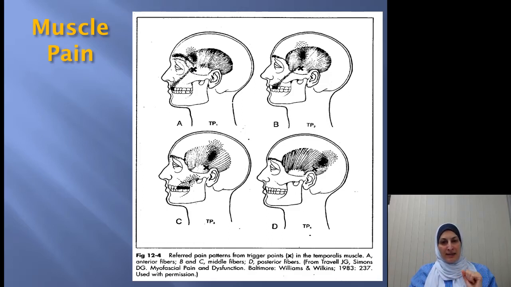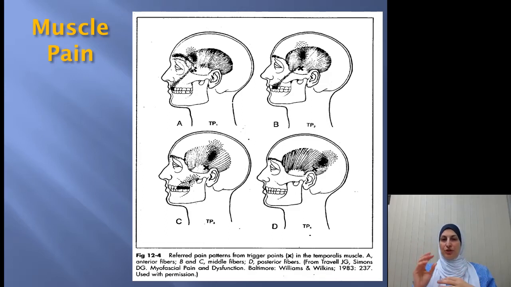So when there is a taut band in this area of the temporalis muscle, the pain would be felt just above this taut band, maybe above the eyebrow, and also it might refer to the anterior tooth. So the patient would come to you complaining of pain in this area and in the anterior teeth, and he would tell you that I have pain in this tooth, referring to my forehead.